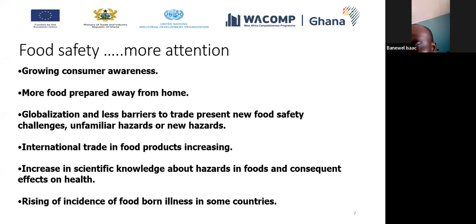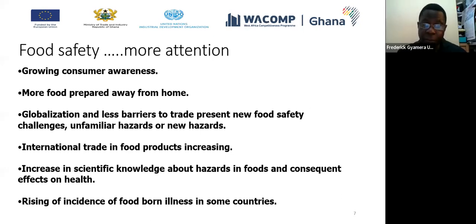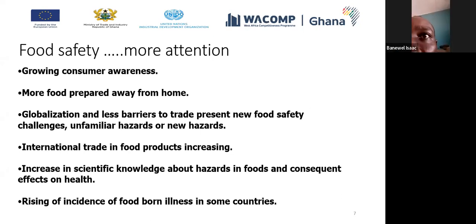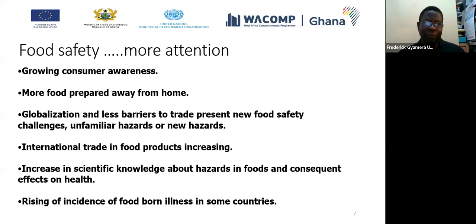In fact, when we look at the way our food system is, the use of inorganic practices and some other malpractices in the food sector, and the kind of negative effects it has on human health and our environment.